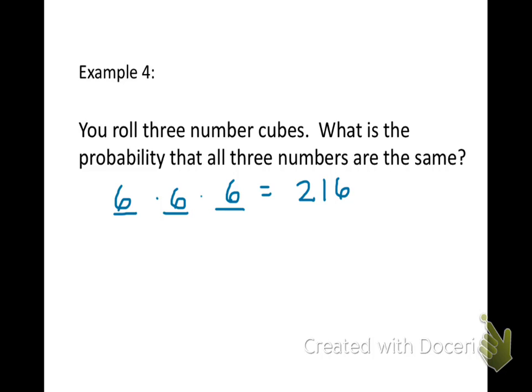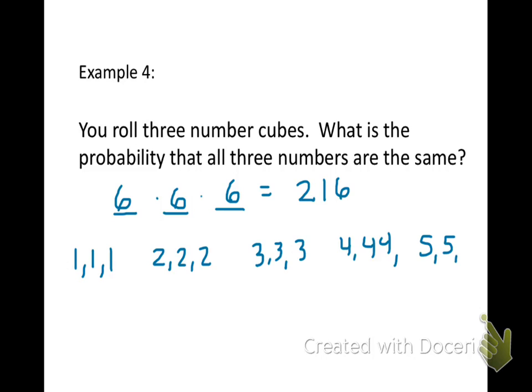Now, maybe you want to make a list of what your favorable outcomes are. Let's try this differently. I could roll a 1, 1, 1. I could roll 2, 2, 2, 3, 3, 3, 4, 4, 4. These are all the favorable outcomes, or finally the dreaded 6, 6, 6.